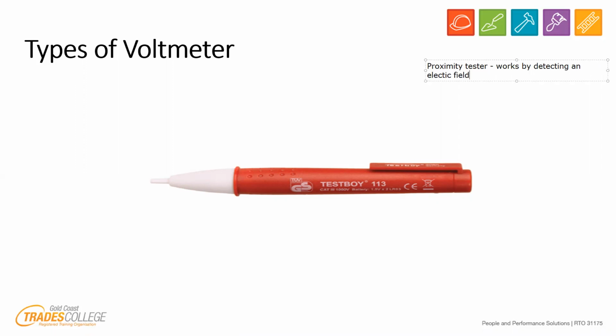That's what the voltage produces, an electric field, when close by. If you've got one in your hand and it's off, obviously there's no electric field by you. If you hold it up to a power point or a light switch, then it should illuminate on the end there. There's lots of different types of these things, guys.